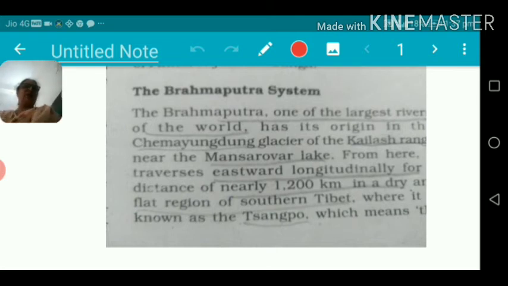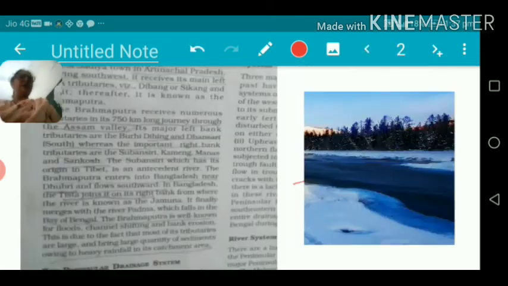Brahmaputra River receives more than 750 tributaries. Tributary means its branches, through the Assam Valley, and its major left bank tributaries are Burhi Dihing, Dhansiri, and the important right bank tributaries are Subansiri, Kameng, Manas, and Sankosh.